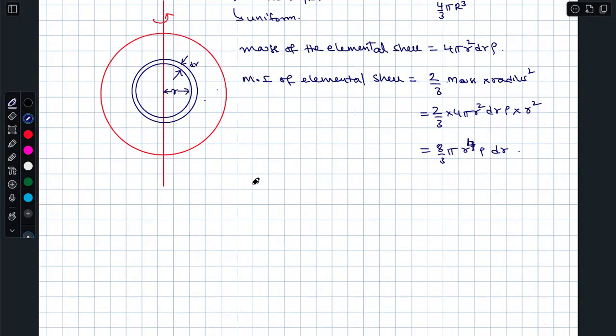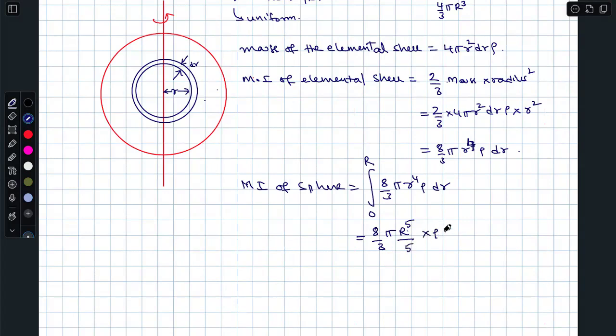Now the total moment of inertia of the sphere is the integral of 8/3 pi r power 4 rho dr, from 0 to capital R. This will be 8/3 pi r power 5 by 5 times density.